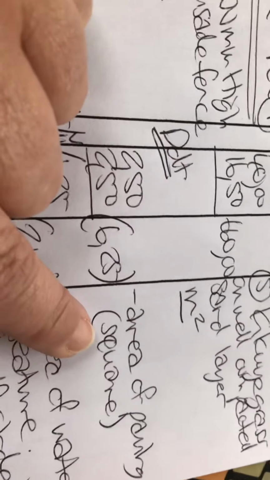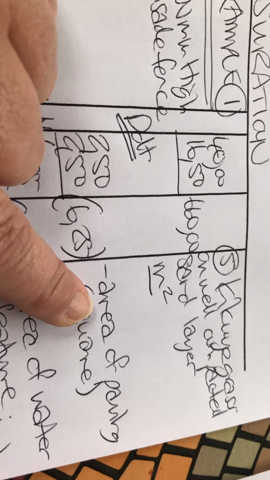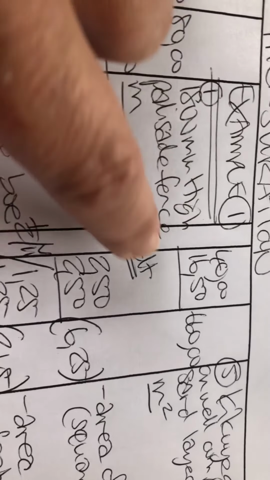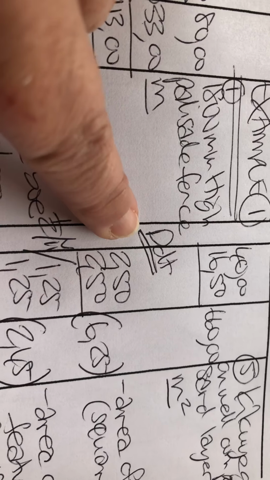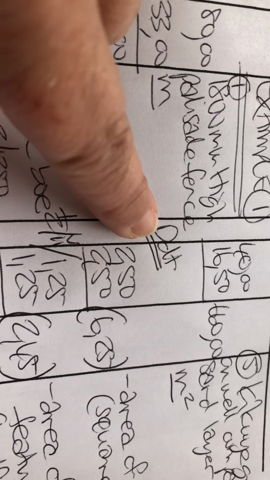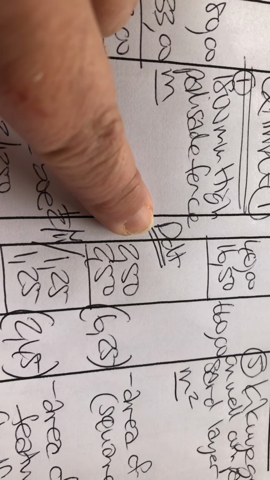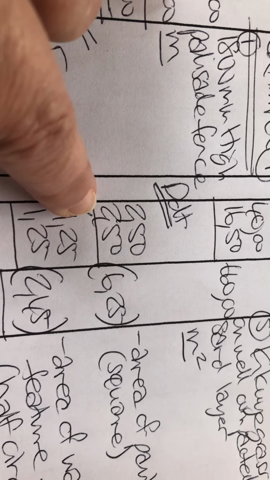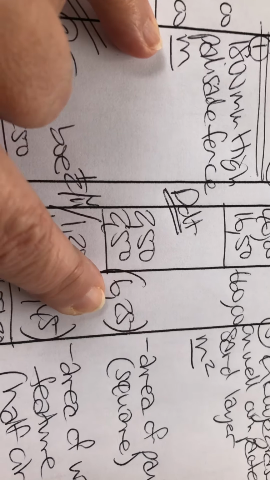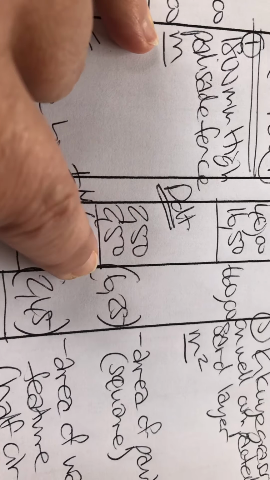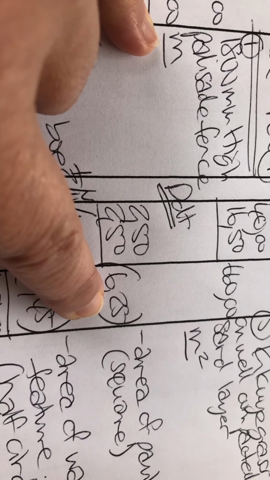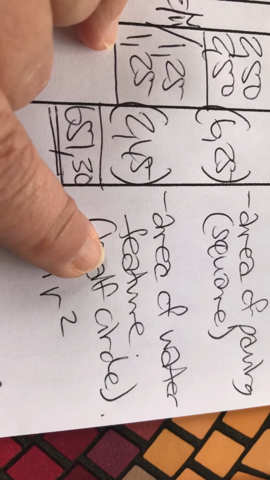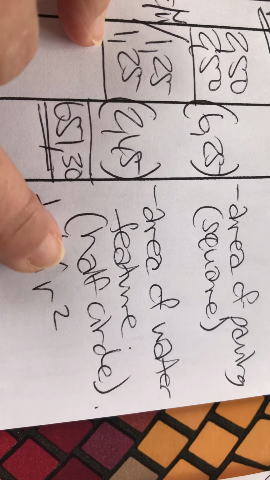Right, but then I need to deduct the area of the paving or the square, and you'll see I'm going to write DDT here over the times and the dimension column like that. Right, the area of the square is 2.5 by 2.5 equals 6.25, and because I'm deducting, I'm putting it in brackets.